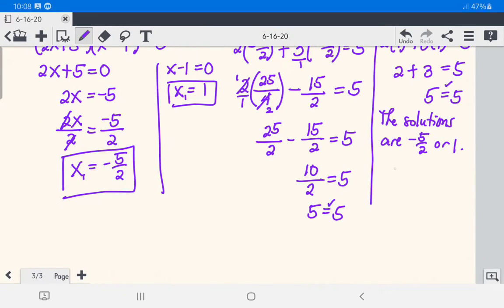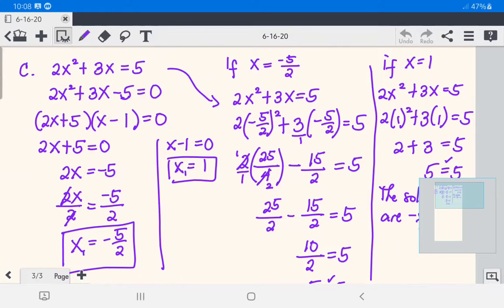You can write x is equal to negative 5 over 2 or x is equal to 1. And then you can write without variables also. So the solutions are negative 5 over 2 or 1. So that's the answer. Letter D.